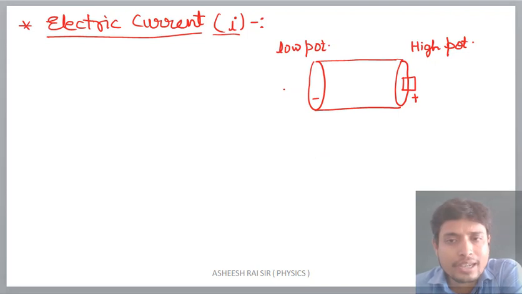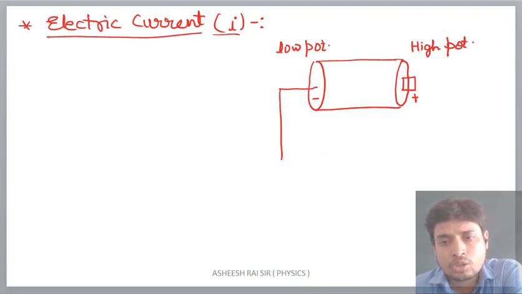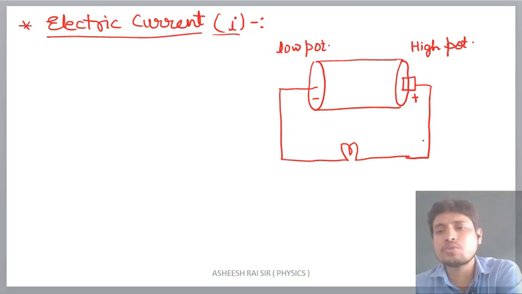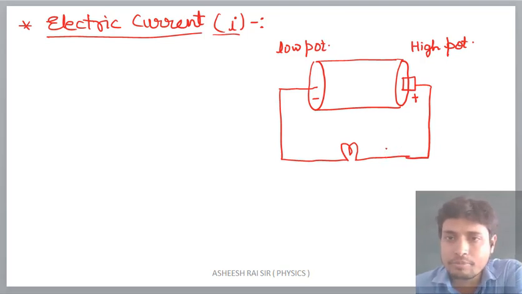When you connect the positive terminal and negative terminal through a conductor and using a bulb, then current starts to flow in the circuit.